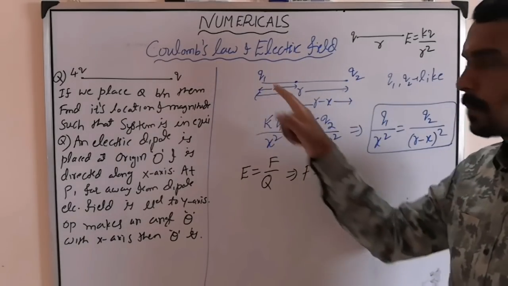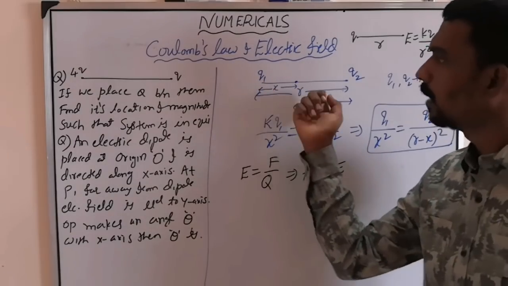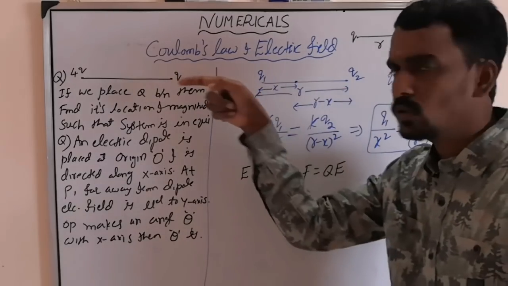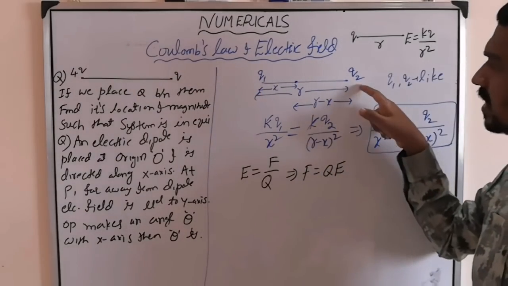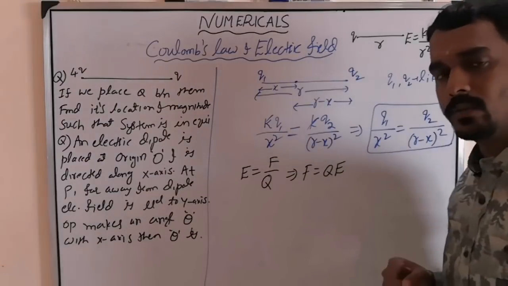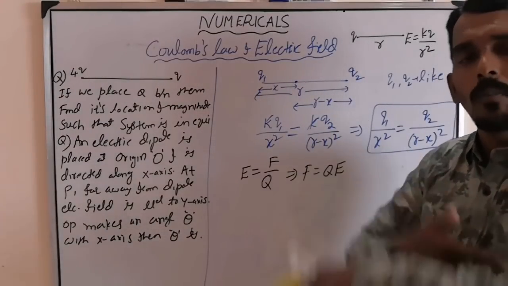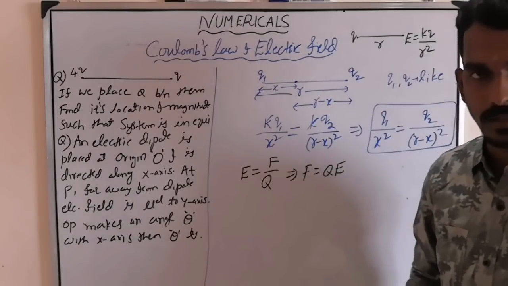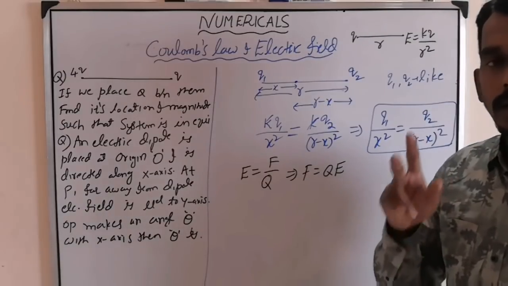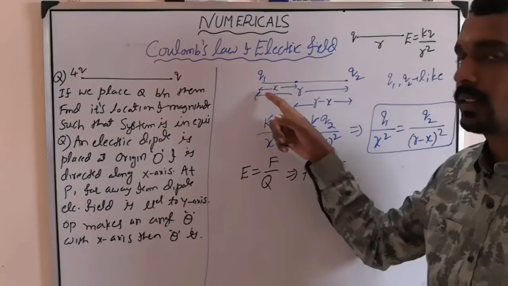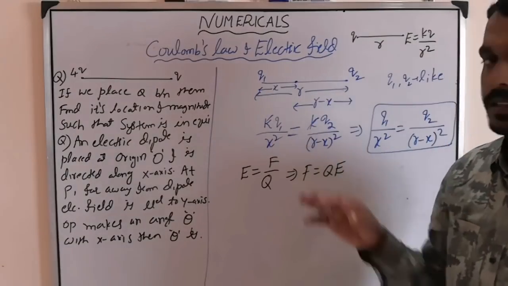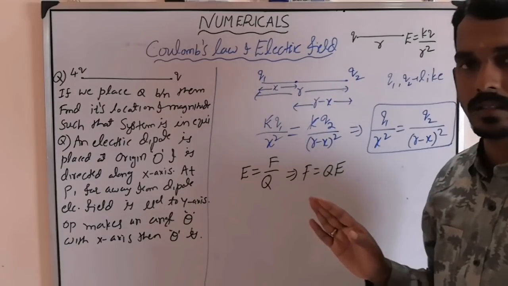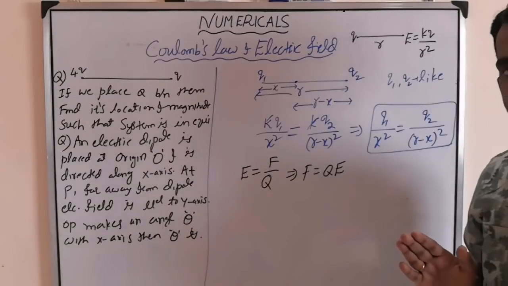If both are negative, then the field due to the first is leftward, towards it, because for a negative charge the field direction is towards the charge, and the field due to the other is rightward. Again, the fields are in opposite directions. That's why when two charges are like charges, positive or negative, you will get the null point in between them, somewhere in between only. I'm not saying at the midpoint, but in between the charges, not on this side, not on this side.